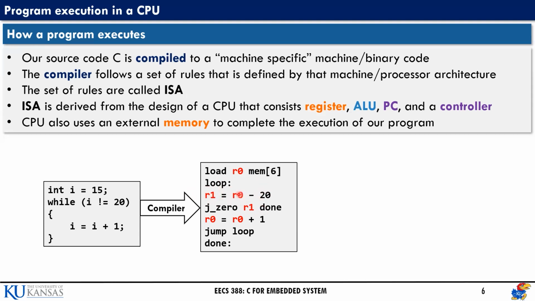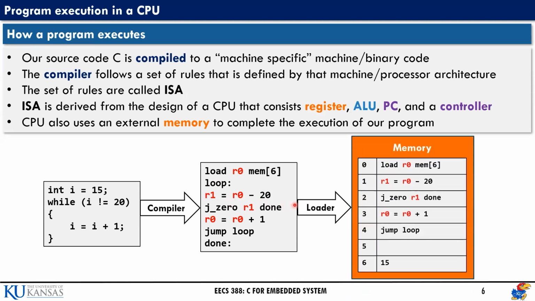And finally, this assembly code is converted to the machine code, the binary code, and we keep this binary code in our memory with the help of the loader, right?